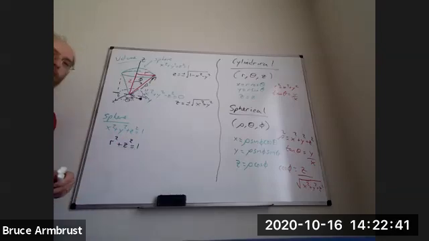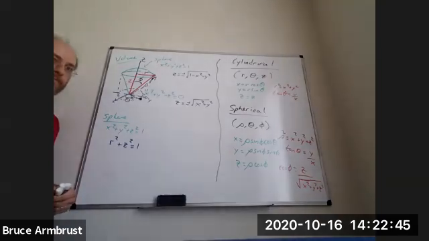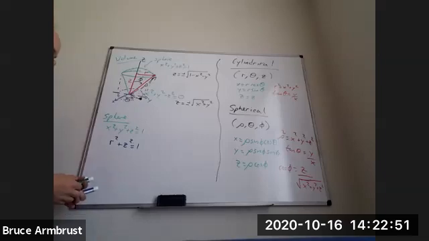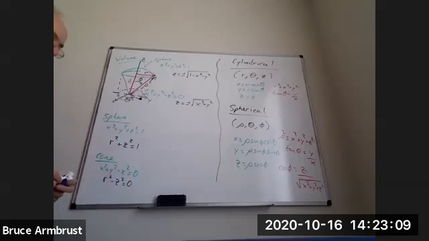So we get r squared plus z squared equals 1. Okay, that's easy enough. Similarly, we can take the cone and do the same thing. For the cone, we had x squared plus y squared minus z squared equals 0. If we convert that, this becomes r squared minus z squared equals 0.